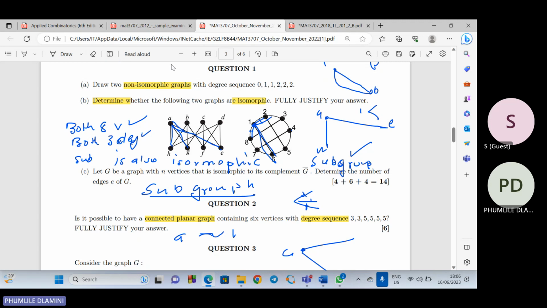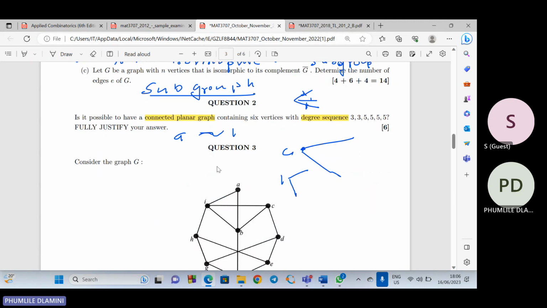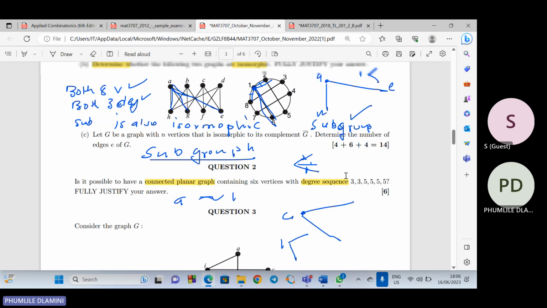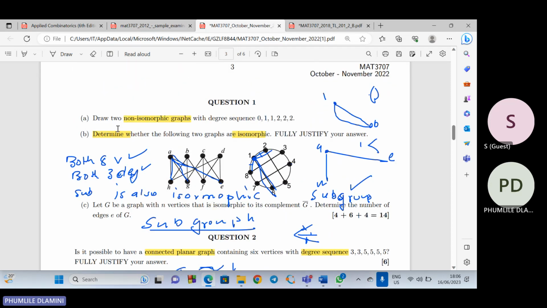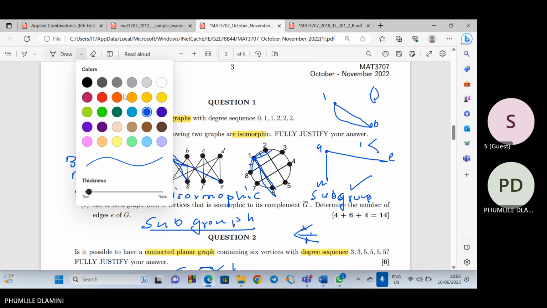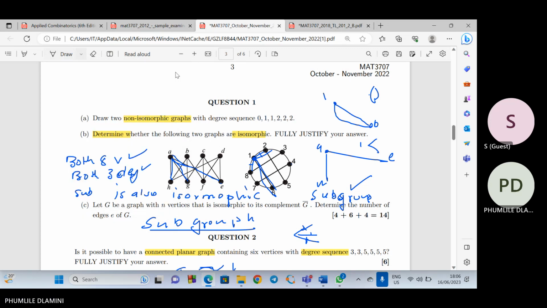No. Okay. The other one, is it possible to have a connected planar graph? Or this one, we haven't done this one. The second one says draw two non-isomorphic graphs with degree sequence 0, 1, 1, 2, 2. To draw that, yesterday I showed you, you can start with this one here.